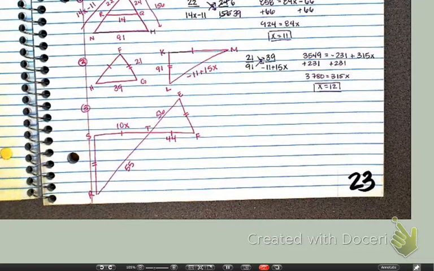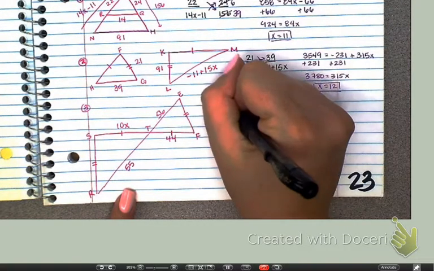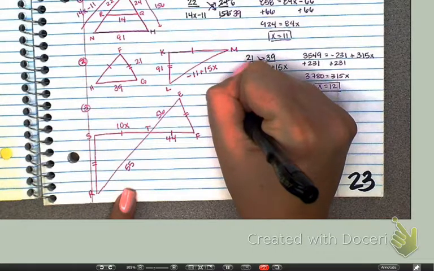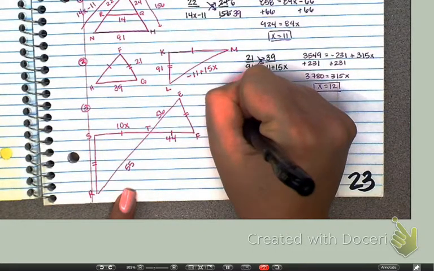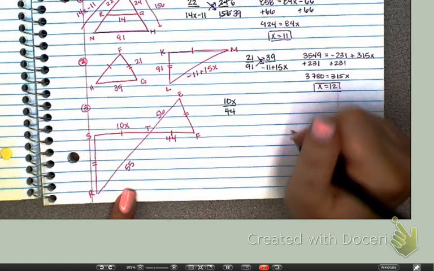What is your proportion? 10x over 44. Okay, you could have done 44 over 10x. And?